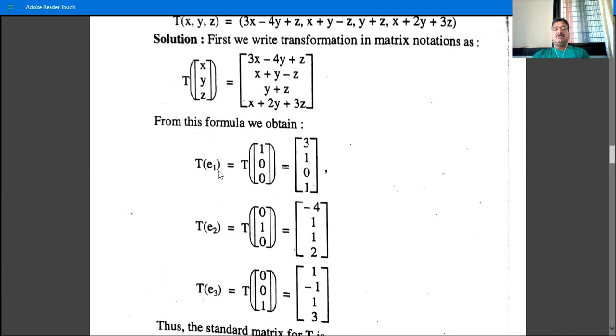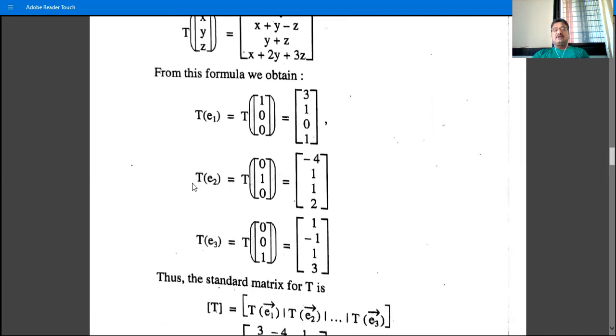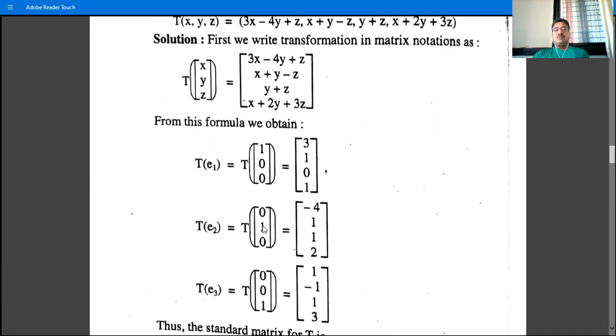So we have to find T of e1, T of e2, T of e3. So T of e1 is T of (1,0,0), that is, substitute x as 1, y as 0 and z as 0. So we get (3,1,0,1). Then T of e2 is T of (0,1,0), substituting x as 0, y as 1 and z as 0, so we have (-4,1,1,2).